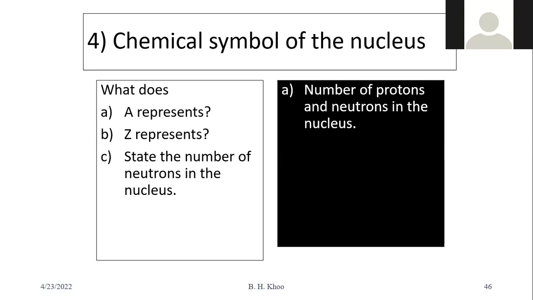Number of proton, or number of electron also can. That's why I said Z tells the number of protons. You got A, you got Z. How do you represent your number of neutrons in terms of A and Z? A minus Z. Good, A minus Z, that's all.